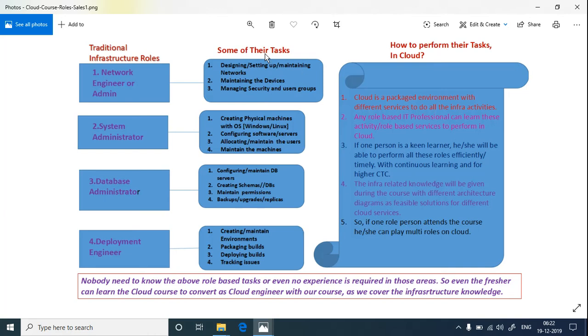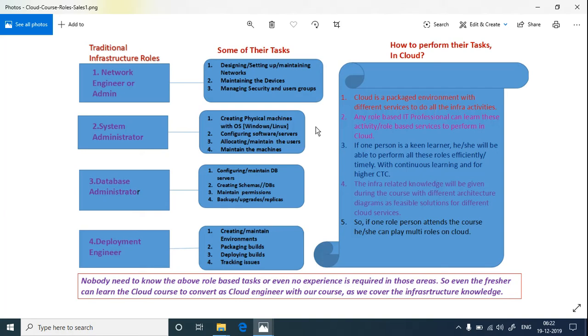Now these are the activities I have explained at a high level, and how these can be converted into AWS implementation. Now let us see another role, system administrator. In the past, these sysadmin guys used to create physical machines with an operating system, either Windows or Linux, then configure software and servers, and allocate and maintain the users and the machines.